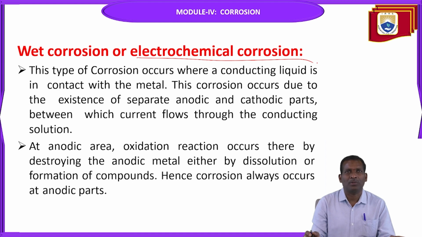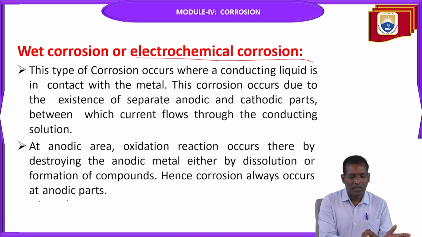So what is wet corrosion? This type of corrosion occurs where a conducting liquid is in contact with the metal. The corrosion occurs due to the existence of separate anodic and cathodic parts, between which current flows through the conducting solution. At the anodic area, an oxidation reaction occurs, thereby destroying the anodic metal either by dissolution or formation of compounds. Hence, corrosion always occurs at anodic parts.